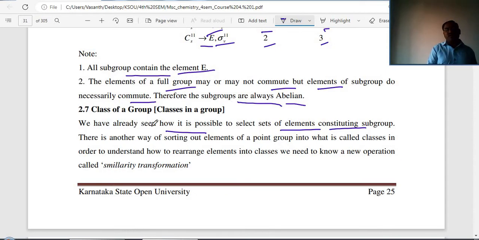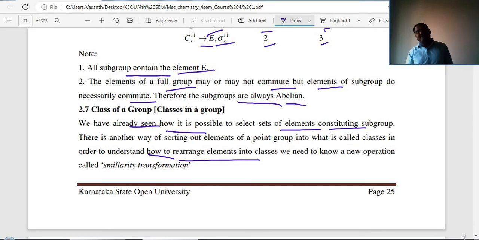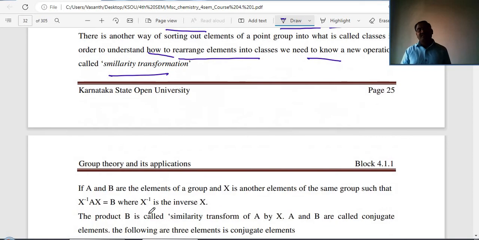In order to understand how to rearrange elements into classes, we need to know a new operation. That is called similarity transformation.